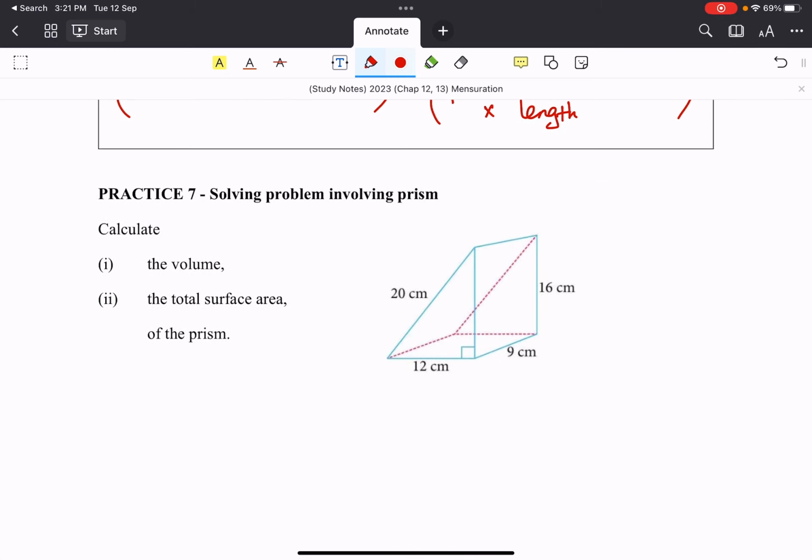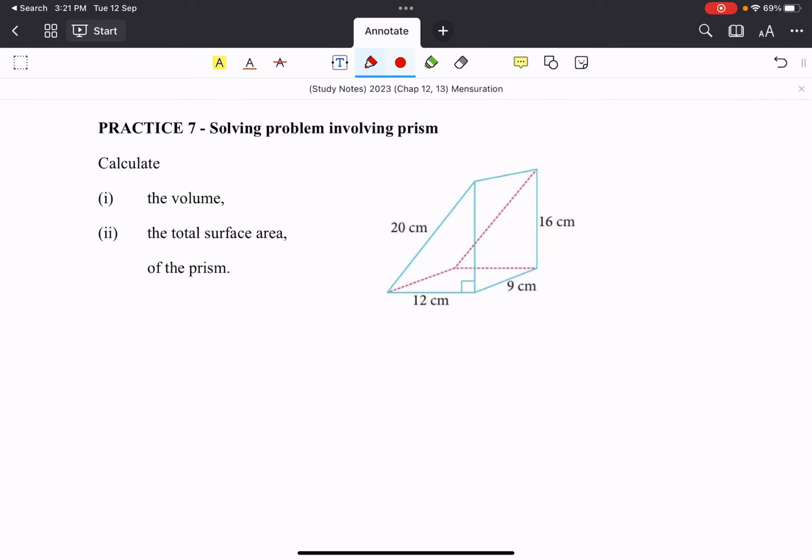So here we have a simple prism, a triangular one, and we are supposed to calculate the volume. The first thing we're going to need is the area of the cross section. This is the most useful information we need when we are dealing with a prism.